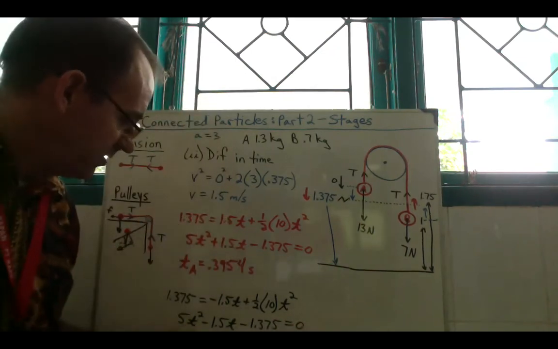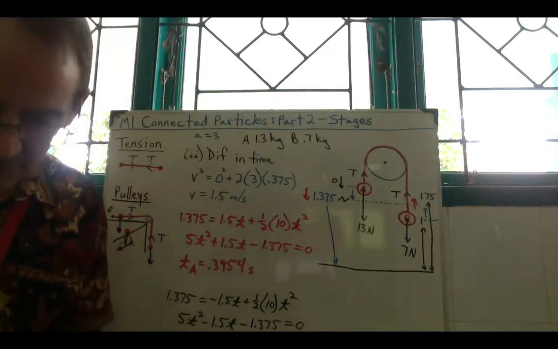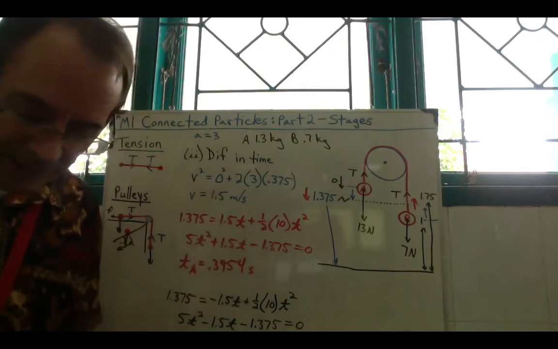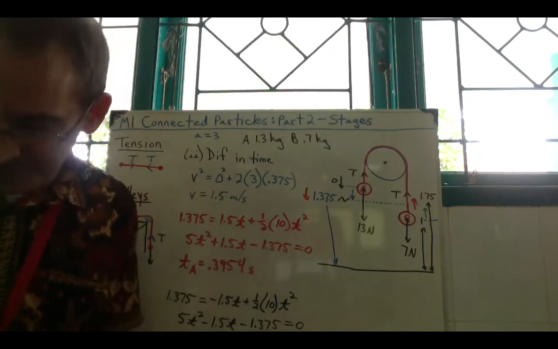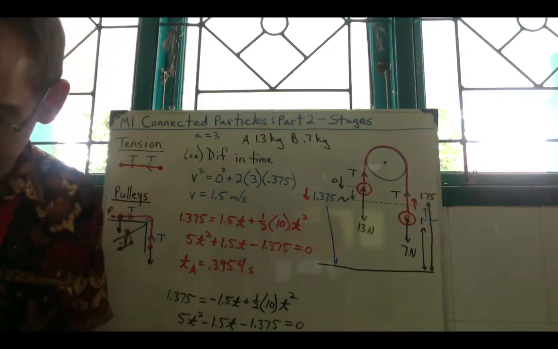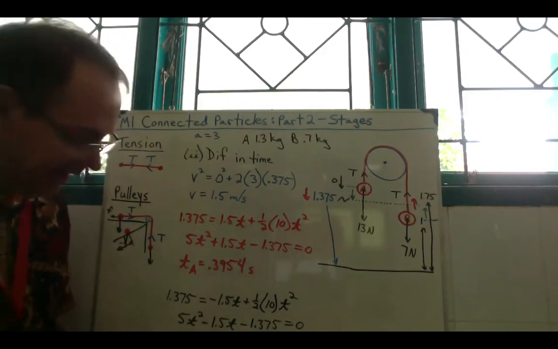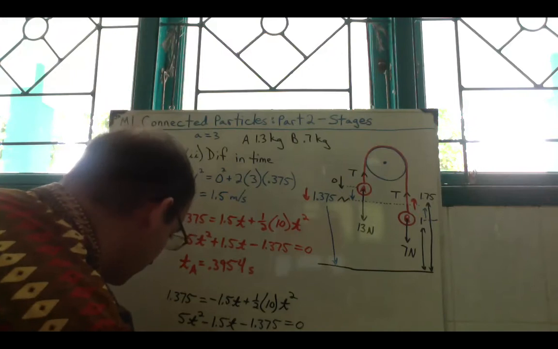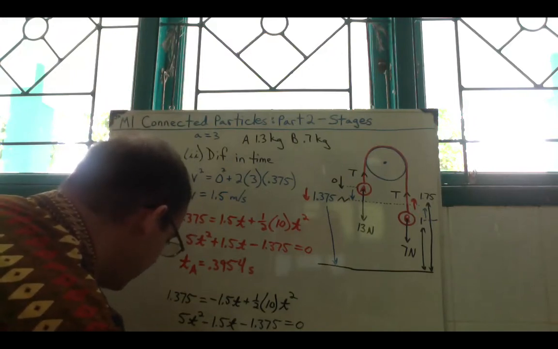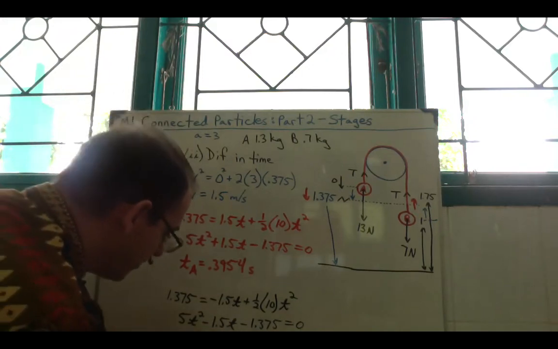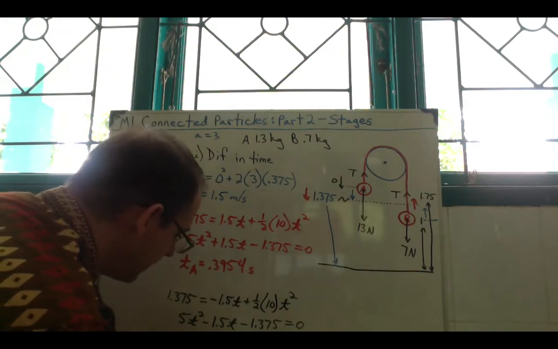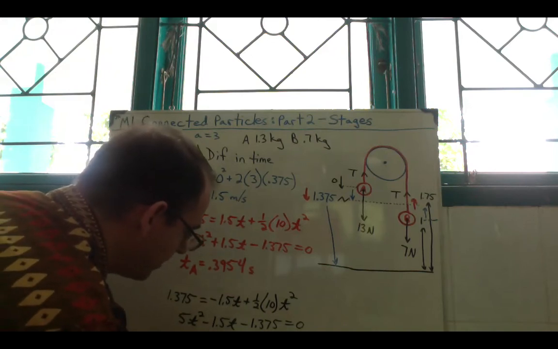Not a lot of difference, but the change in direction of the velocity does make a difference. And so when we solve this, we get 0.6954. So t of b, time for b, is 0.6954 seconds.